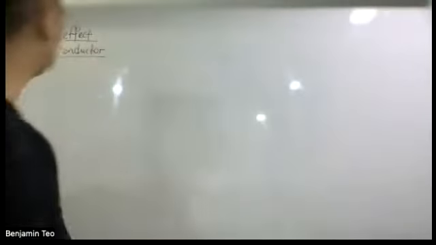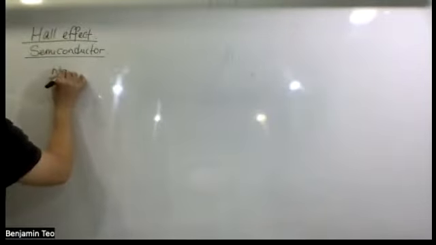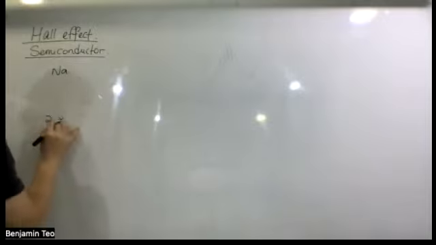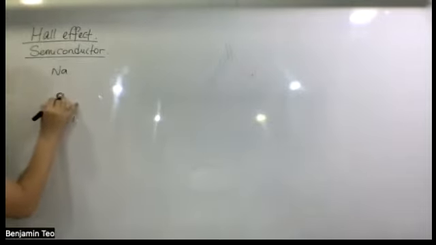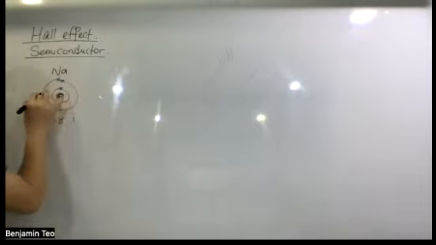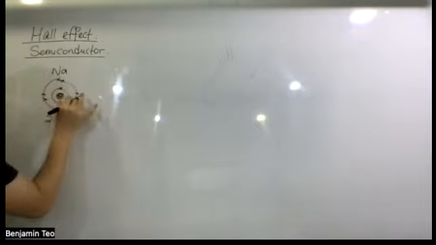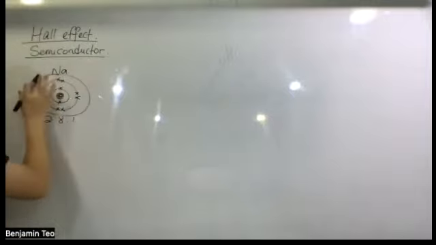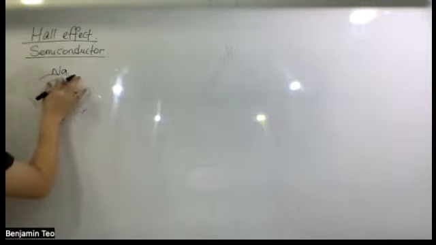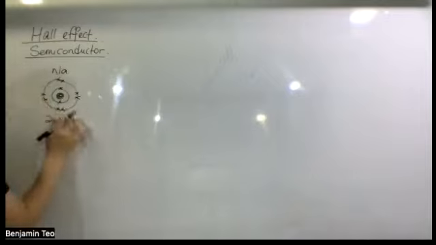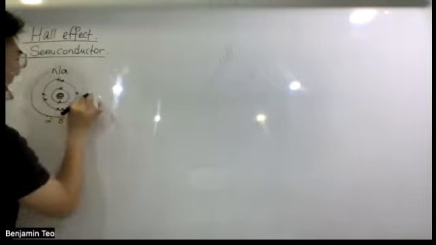So metal, let's take one example, sodium metal. So you have 2, 8, 1. Here's the nucleus. 1, 2, 3, 4, 5, 6, 7. And then one valence electron in the outer shell.